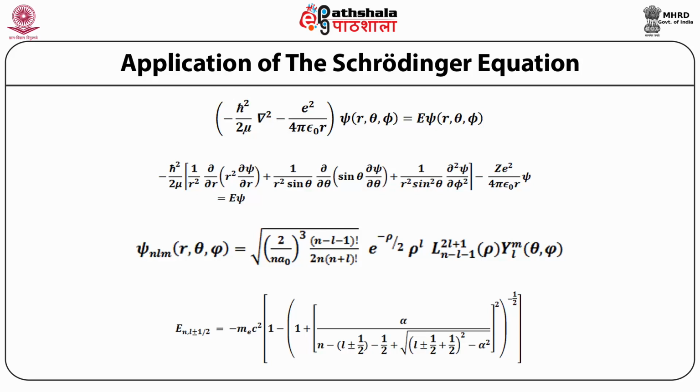Now this small bracket close, and this is to the power of minus half, where α is the fine structure constant and l ± 1/2 is the total angular momentum quantum number, where ± 1/2 stands for spin up and spin down.